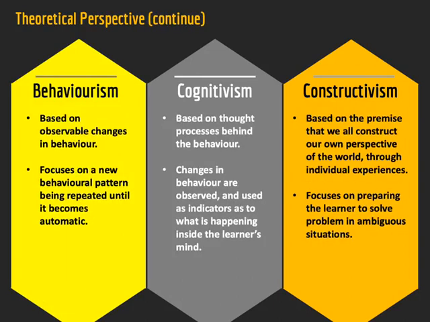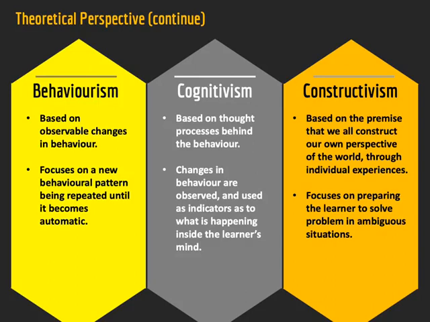So, we can conclude that from the theoretical perspective viewpoint, behaviorism is based on the observable changes in behavior. Therefore, behaviorism focuses on a new behavioral pattern being repeated until it becomes automatic.